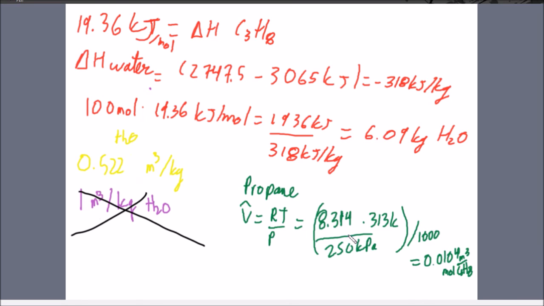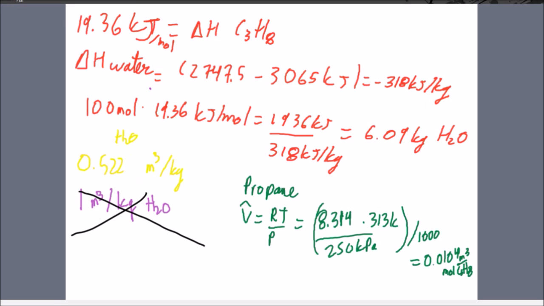So 8.314 times 313 Kelvin divided by 250 kPa, and we have to divide by 1,000 here, because we want meters cubed. This setup is for liters, and a liter is 1 decimeter cubed, and the difference between a meter cubed and a decimeter cubed is a factor of 1,000. So we divide by 1,000, giving us 0.0104 meters cubed per mole of propane.